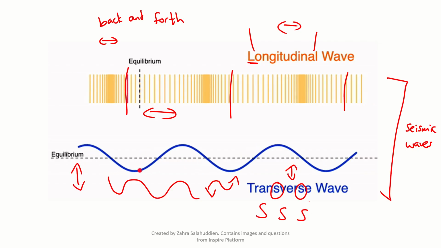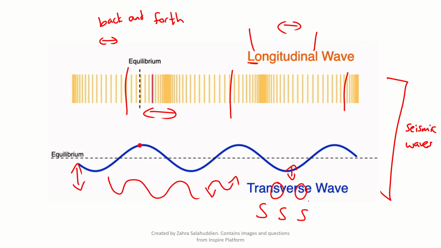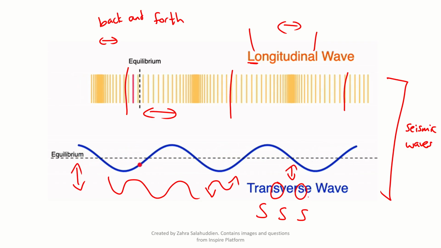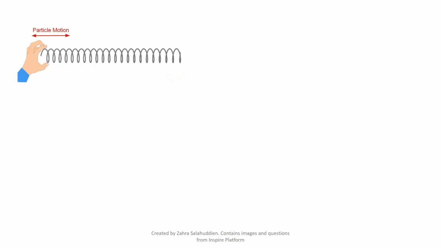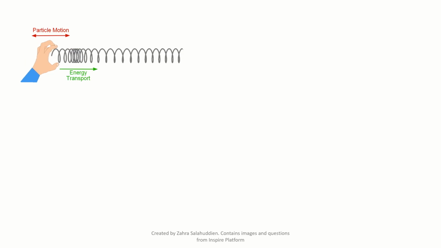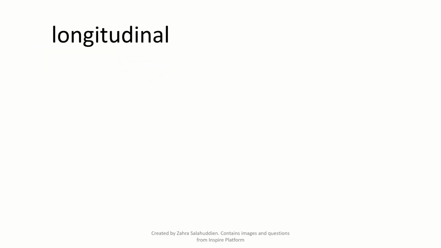Transverse, like a snake, goes up and down. Longitudinal moves back and forth. Let's look at some properties of these two waves. So just a reminder, again, our longitudinal wave moves back and forward, back and forth.